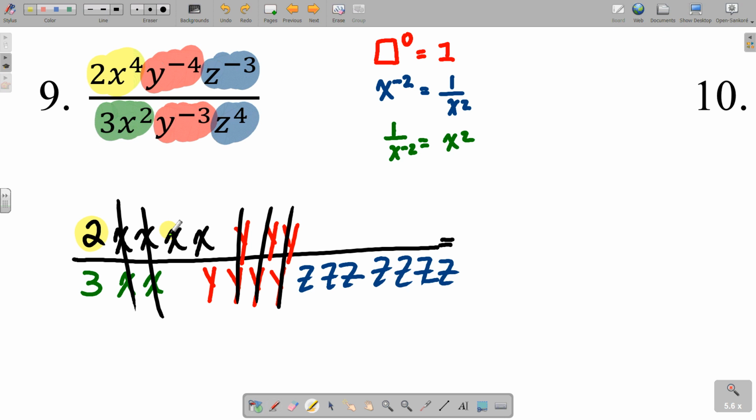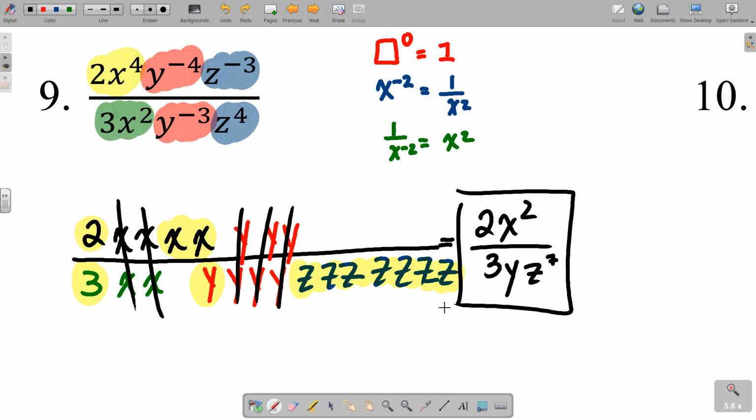So at the top, I'm going to have 2x squared. Down below, I have a 3, a y, and 7 z's. So it goes like this: 3y z to the 7th power. There's your final answer.